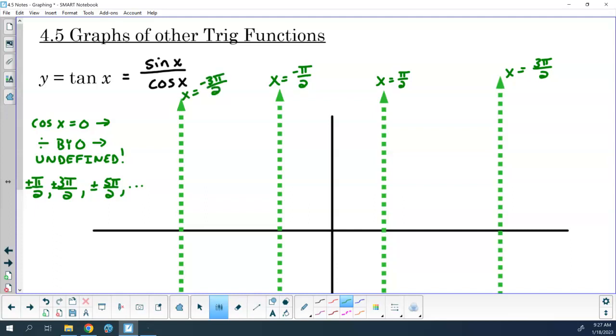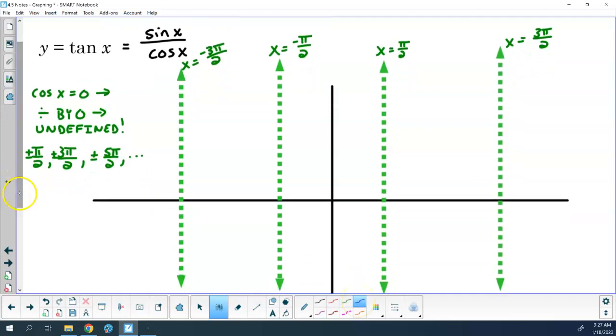Okay? Now, let's spin it around. Let's say instead, let's look at where sine is 0. If sine of x is equal to 0, what does our tangent fraction look like?